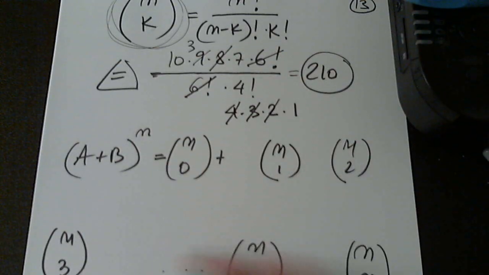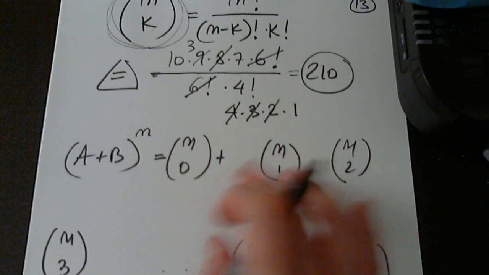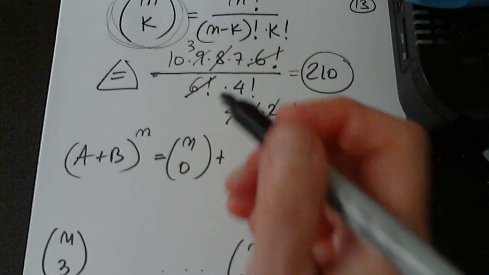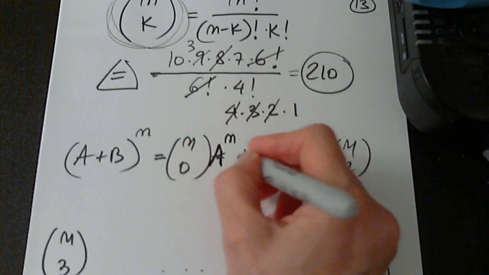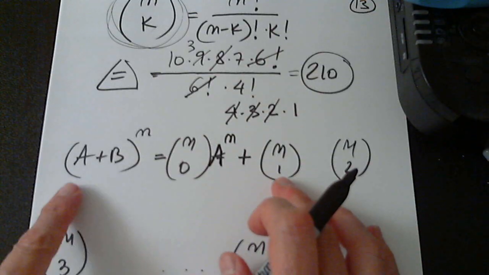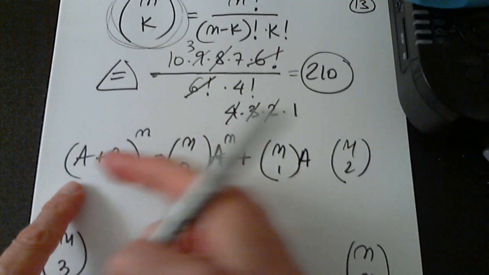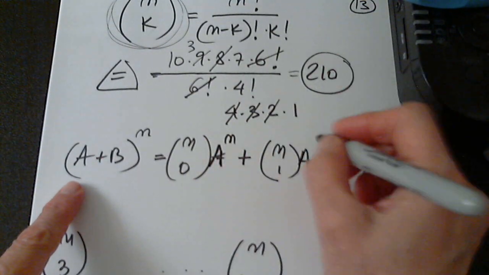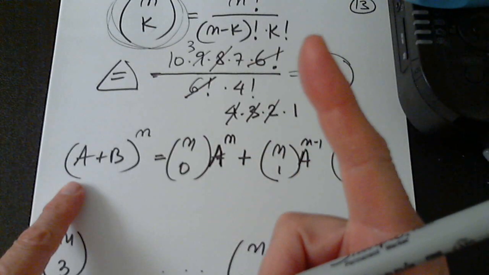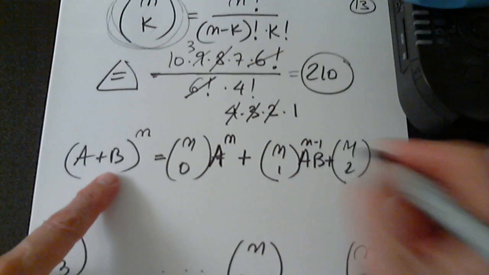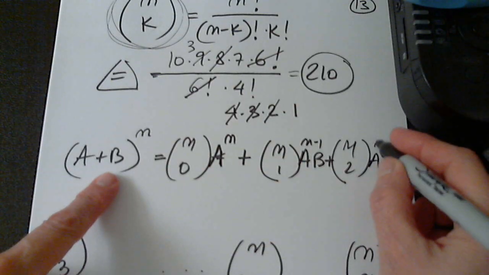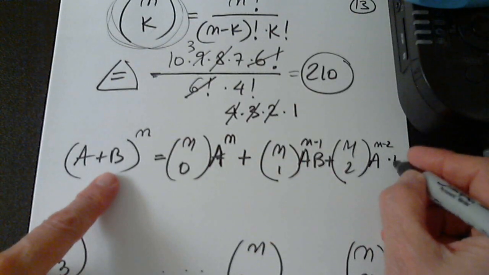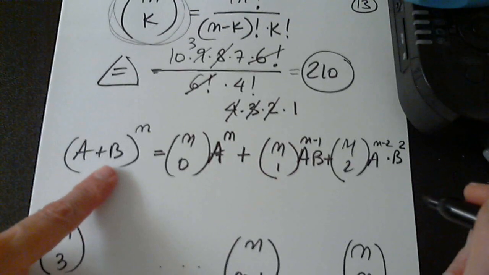These are the coefficients that will pop up in front of each term. The first term will only have a to the nth power, but the second term will have a to a power lower than n by 1, and b will pop up, times a to n minus 2 times b squared.